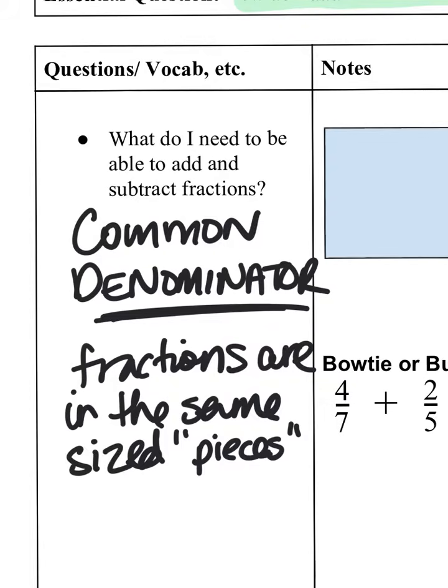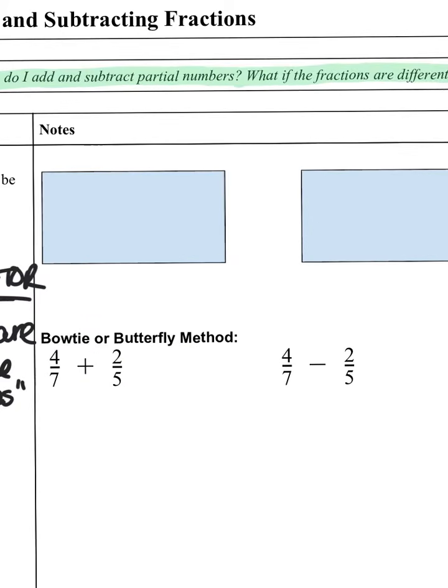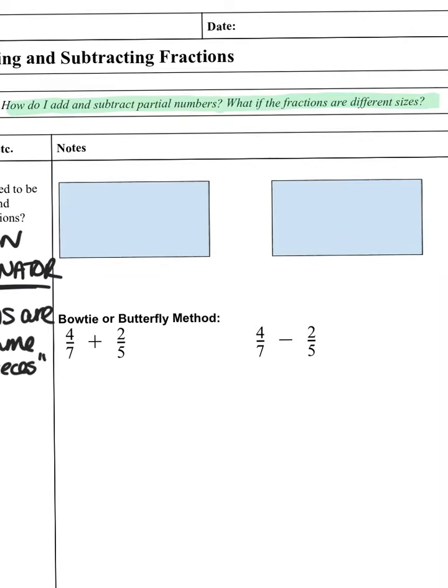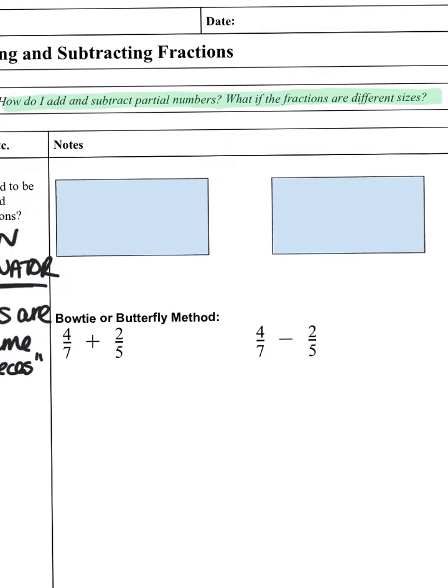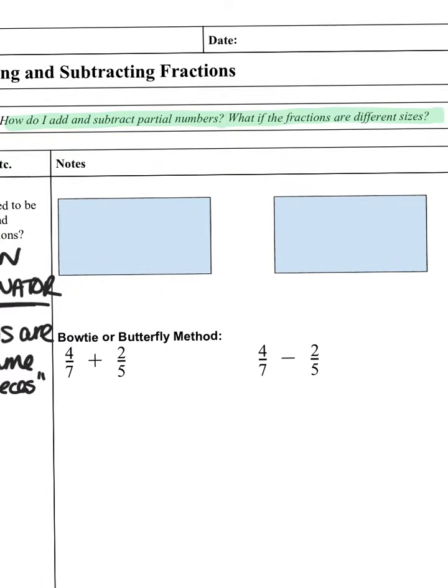So let's think about this. Let's say I've got 2 candy bars over here, okay? And I want to be able to split this evenly with my friend Jill, okay? So let's say I've got a Twix on the left side and a Snickers on the right side, but I cut mine into thirds and she cut hers into fourths, okay? So I cut mine into thirds, like this.